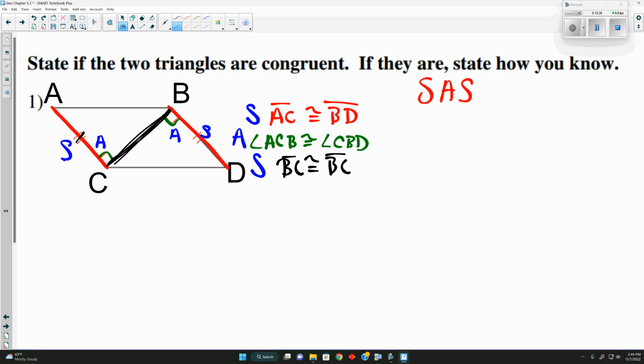So we have a side, angle, and a side. We have the same side, same angle, and side. So can we say that these two triangles are congruent? By side, angle, side.